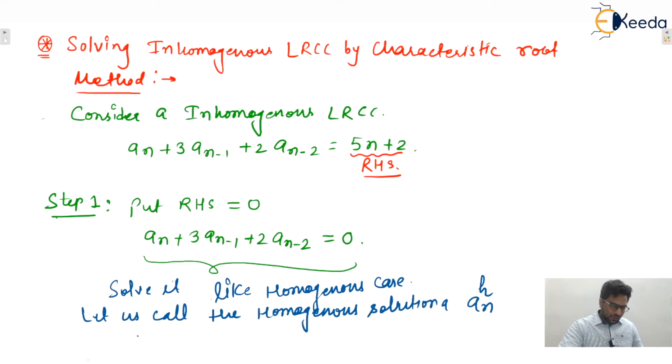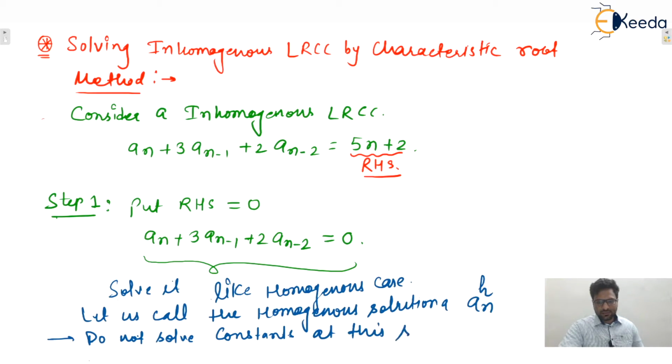Also remember, write down one note: do not solve constants at this step. Guys, this is the procedure. Whenever we take one example, everything will be clear to you. There won't be any problem. So that was the homogeneous solution we found.